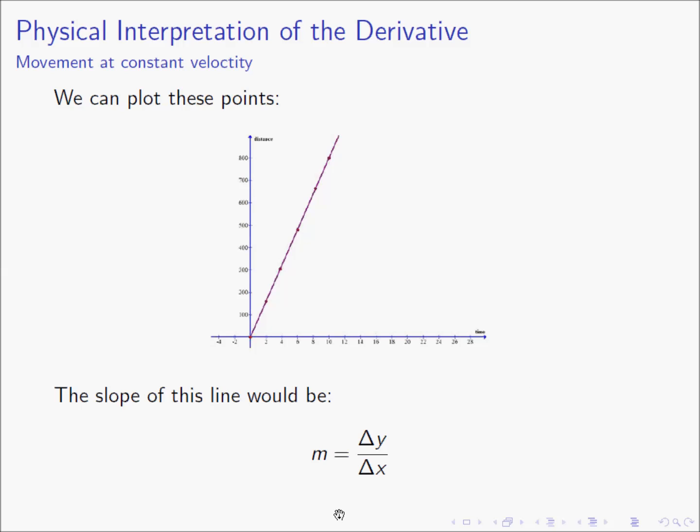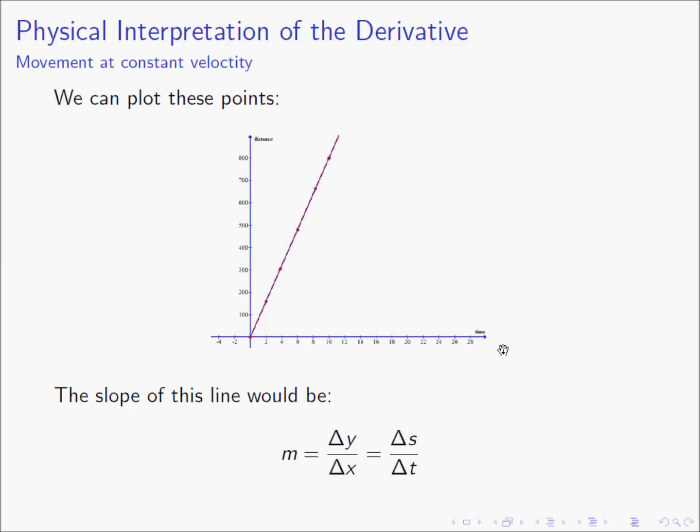The slope is defined as delta y over delta x. But here let's remember that delta y is distance, because the vertical axis is for distance. So delta y is measuring distance, and in physics, we use the letter s for distance. That's why here we change delta y for delta s.